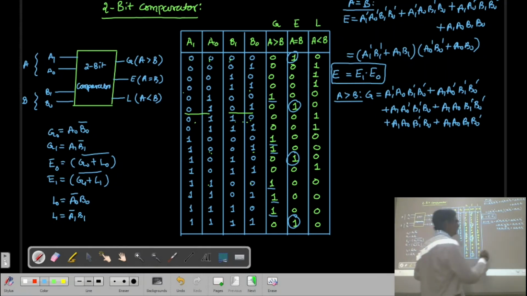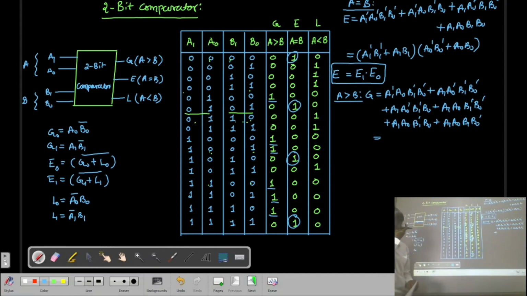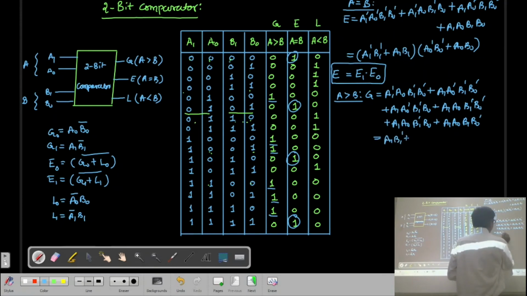After the simplification, here I am not going to simplify this. You can apply the Boolean laws and simplify, or you can use a Karnaugh map. That gives A1 B1' plus A0 B0' into (A1' B1' plus A1 B1).